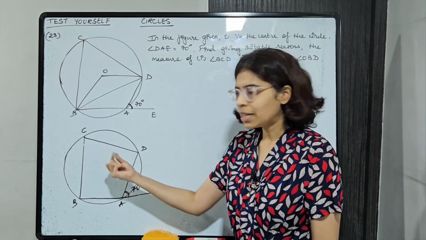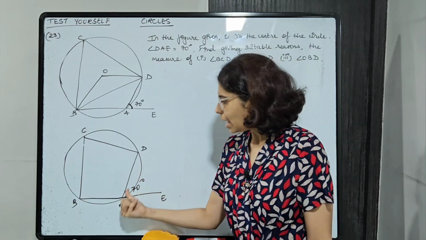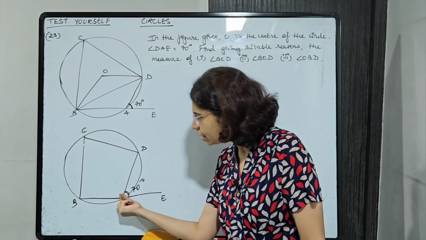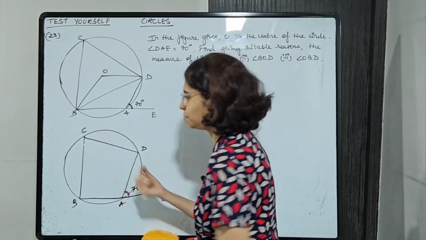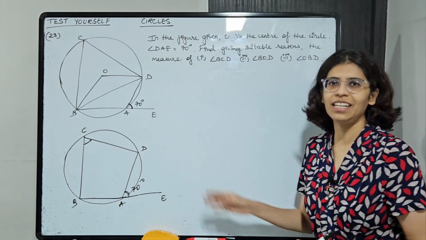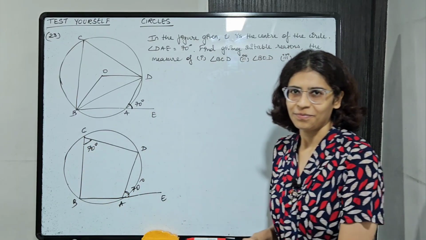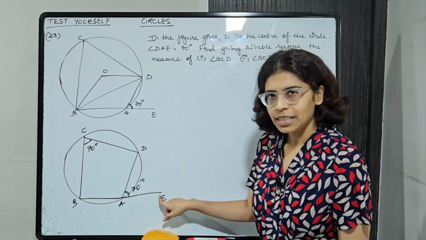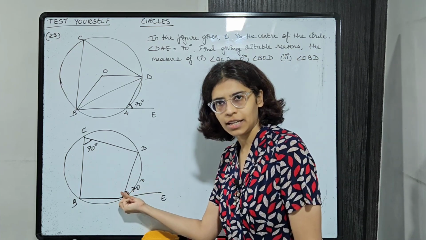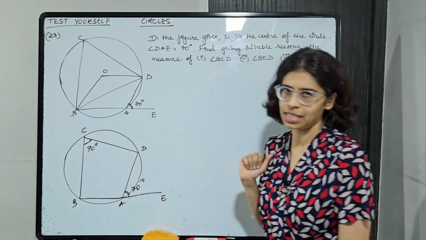What is the property of the exterior angle in a cyclic quadrilateral? The exterior angle is equal to its interior opposite angle. So DAE is equal to BCD. DAE is 70, so BCD will also be 70. Leave the neighboring angle of the exterior; its opposite angle is equal to that exterior angle.